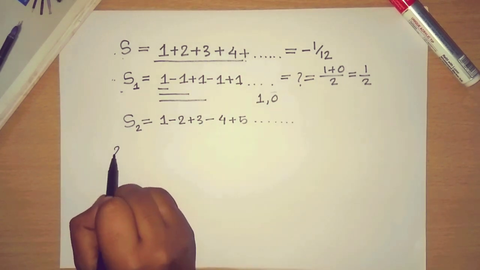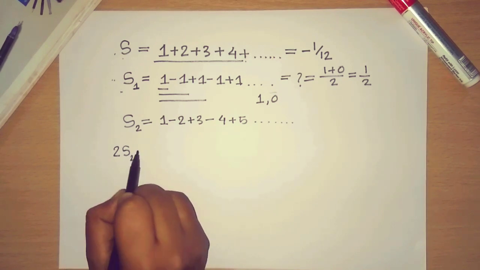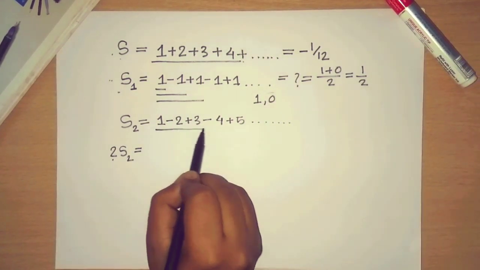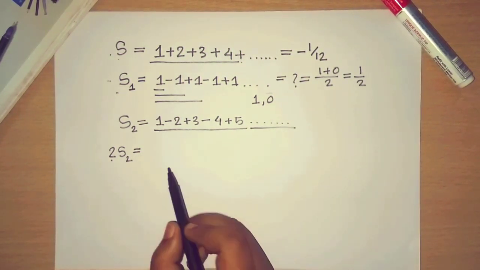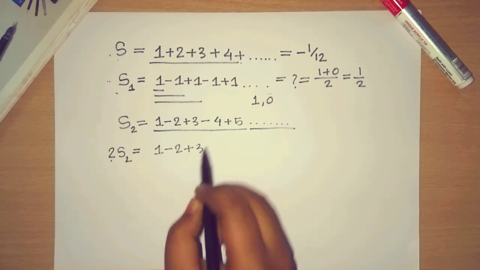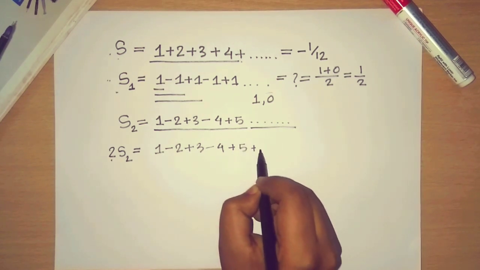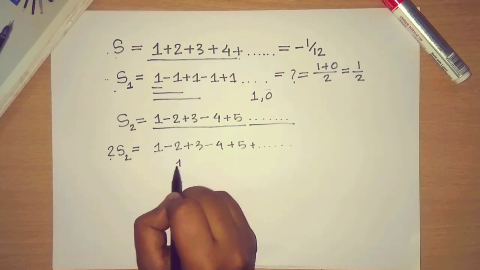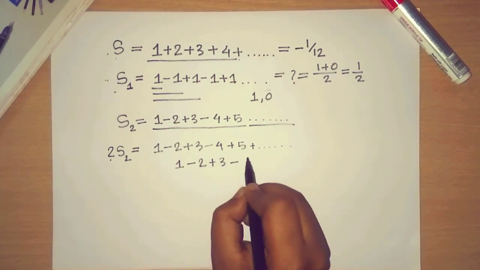We will just multiply this s2 by 2. When we multiply this by 2, we are actually adding the whole infinite series to itself again. So let me write it like 1 minus 2 plus 3 minus 4 plus 5, and it goes on, and add it again, 1 minus 2 plus 3 minus 4.